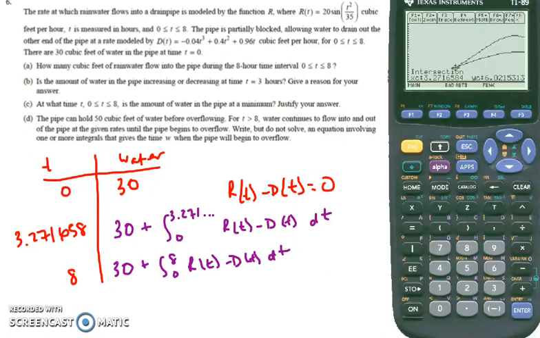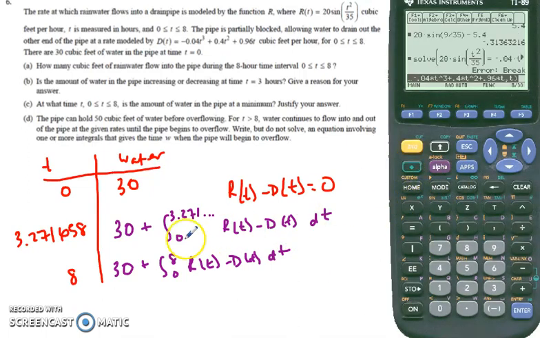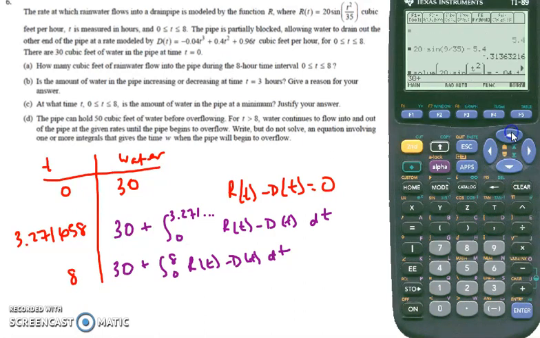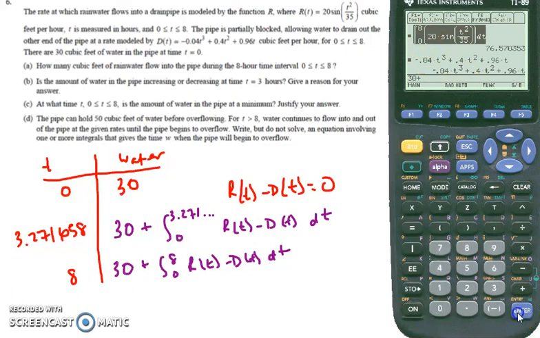So now I've got to go to my calculator, back to the home screen, and I've got to take 30 and add to it the integral of rate in minus rate out. And I believe I already have set up in here the integral of just rate in. So I'm going to use that and change it up.